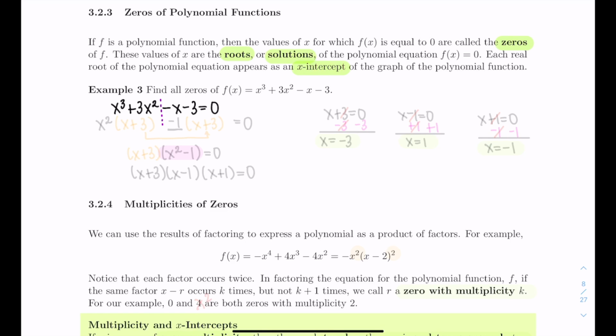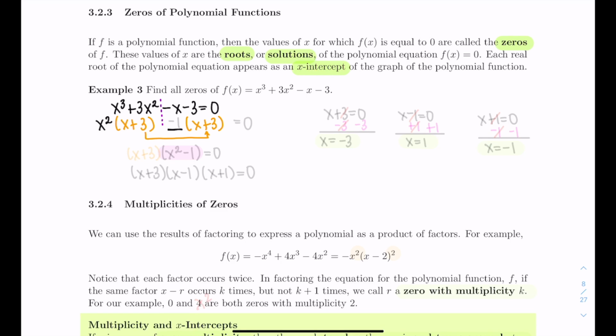What do the two first terms have in common? Between x cubed and 3x squared, we can pull an x squared out, and I'm left with x plus 3. Now for factoring by grouping to work, this x plus 3 needs to appear on the other side. And I need to figure out what goes in the spot up front.